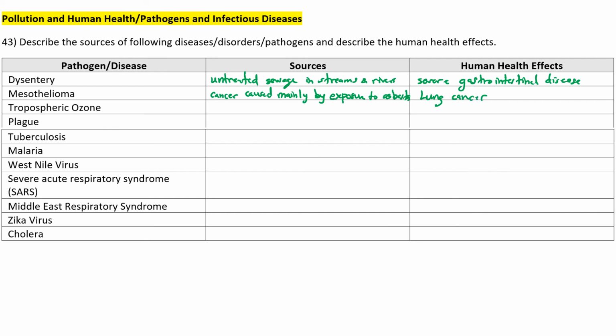Tropospheric ozone, so it's an air pollution. Respiratory problems and reduced function of lungs. The plague, so is caused by bacteria, fleas.